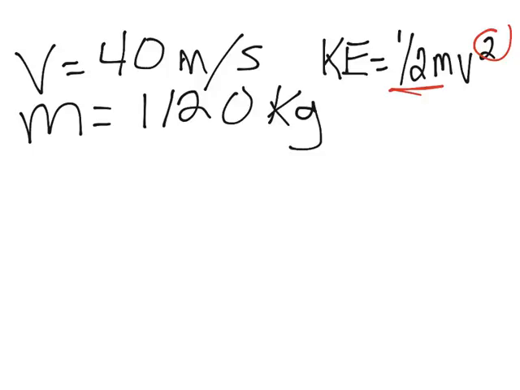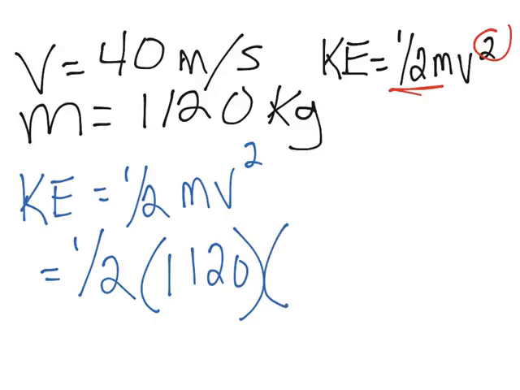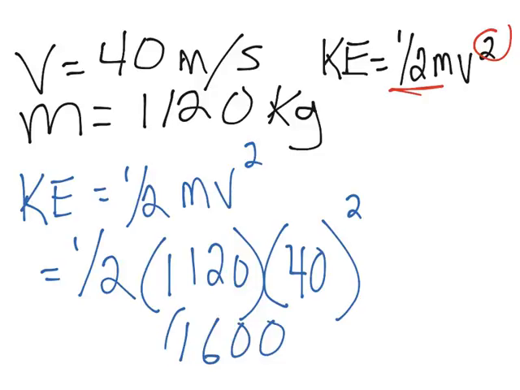All right, so hopefully you've stored your answer. I'm going to solve this really quickly. We had KE equals 1/2 mv squared. Our mass, we can't forget our half. Our mass was 1,120, and our speed was 40. So if I have 40 squared, that would give me 1,600.